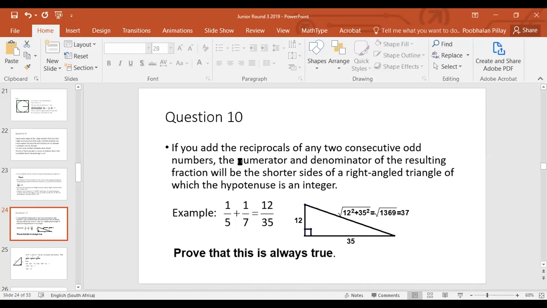All right, so if you add the reciprocals of any 2 consecutive odd numbers, the numerator and denominator of the resulting fraction will be the shorter sides of a right-angled triangle of which the hypotenuse is an integer. Now that's a long story there. Now let me just illustrate this, what they are saying. Go back to my whiteboard.